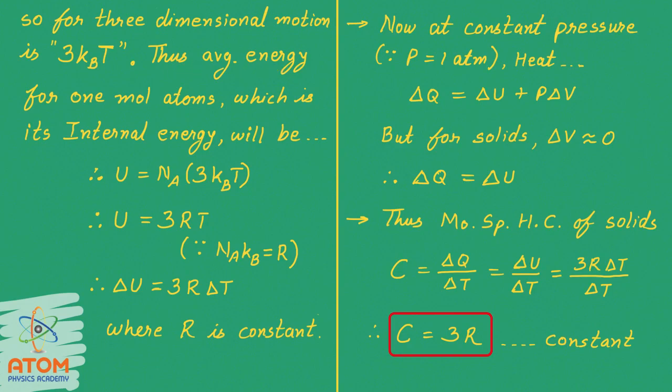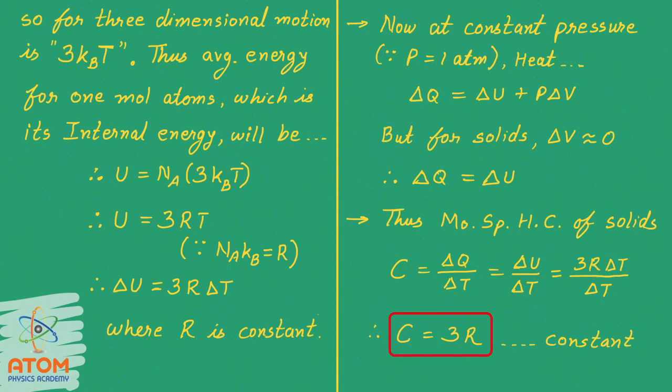Thus, the average energy for 1 mole of atoms will obviously be U is equal to Na into 3 kBT. See, we are talking about 1 mole of atoms. That means it will be equal to Avogadro number Na. So, Na multiplied by 3 kBT, that will be the total energy of 1 mole of atoms. Now, when we talk about the total energy of atoms, it is nothing but the internal energy of the substance, right?